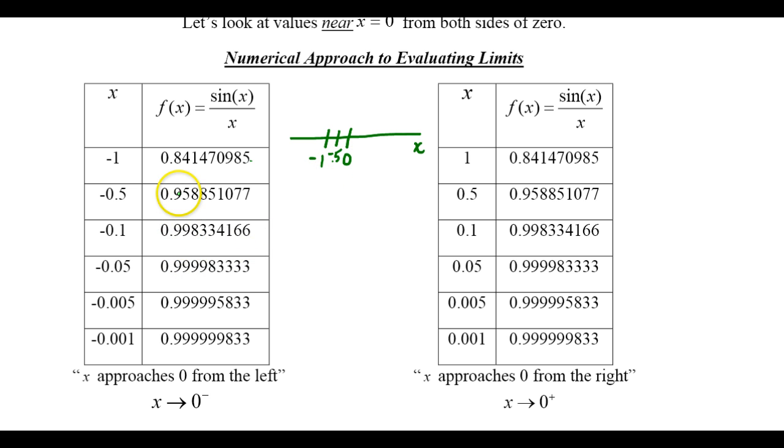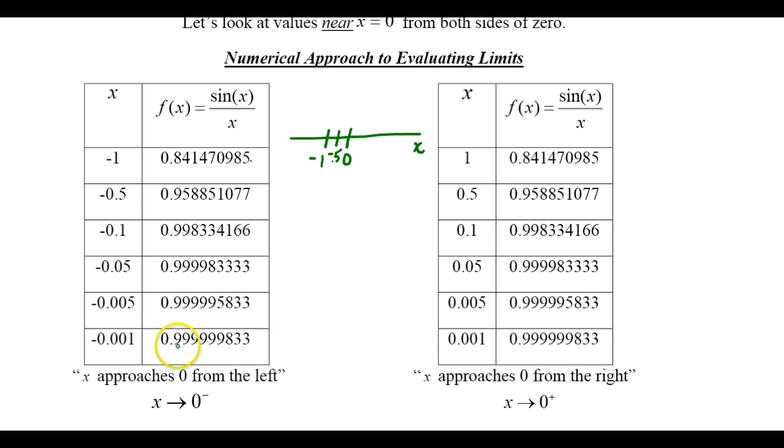And what's happening here? If you notice, as I continue to get closer and closer to 0 from the left-hand side of 0, I'm arriving at a number that's followed by more 9s after the decimal place, so 0.999999833. So this number is getting closer and closer to the whole number of 1.